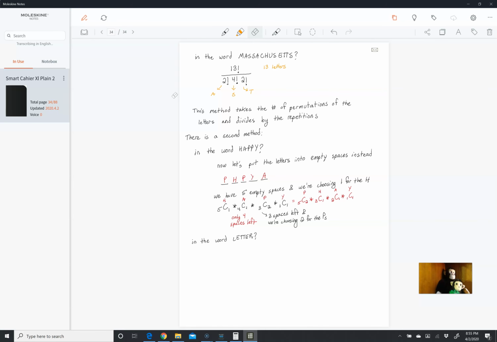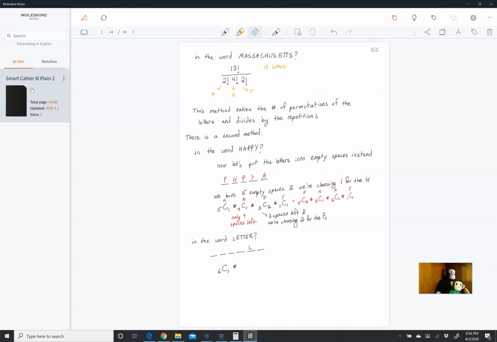So in this one, again, we have 6 empty spaces. So how can we do this? Well, we have 6 spaces. We're going to choose one of them for the L. So let's say that we put the L over here.